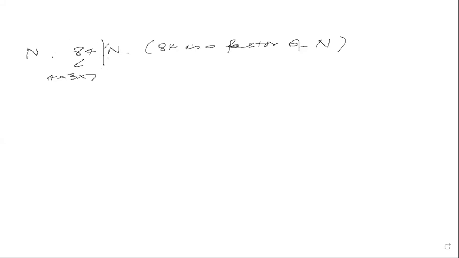Because if 84 is a factor of n, then all of these are also factors of n, because 84 is equal to that. In particular, the first question says that this number ends in 76. So that's the question. Prove that the number ends in 76.